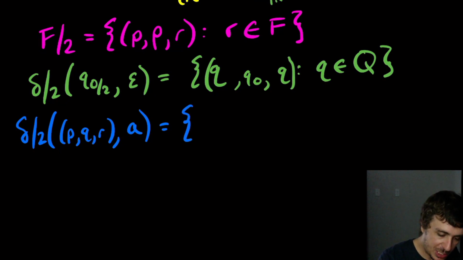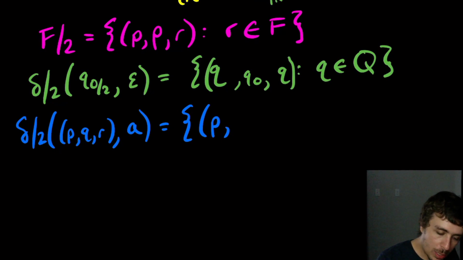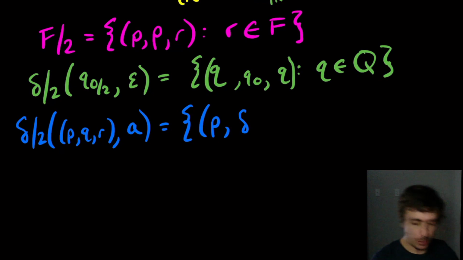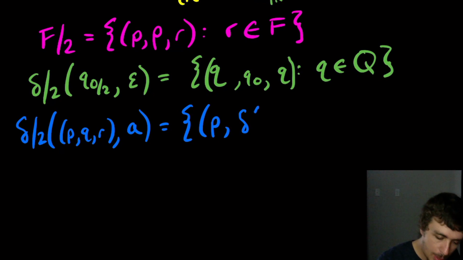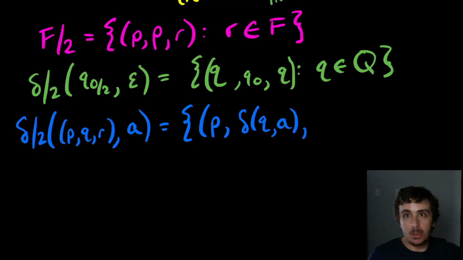So this set here is again going to be an ordered triple. The first coordinate is again going to be P, because we are not going to change the initial guess. We look up in the original transition function: from Q on A, where are we going to go? But for the second one, we need to be able to go to any possible transition that R can do, because again, we don't care about the second half of the string.